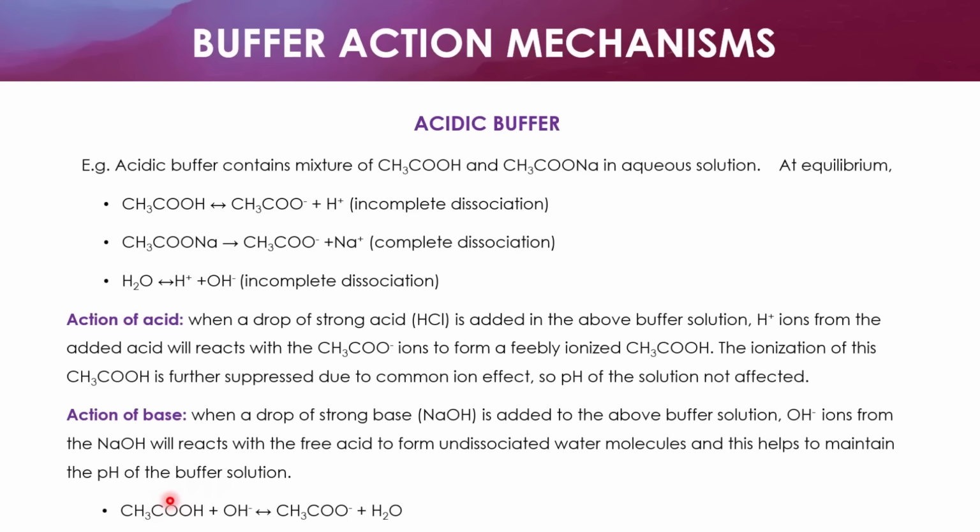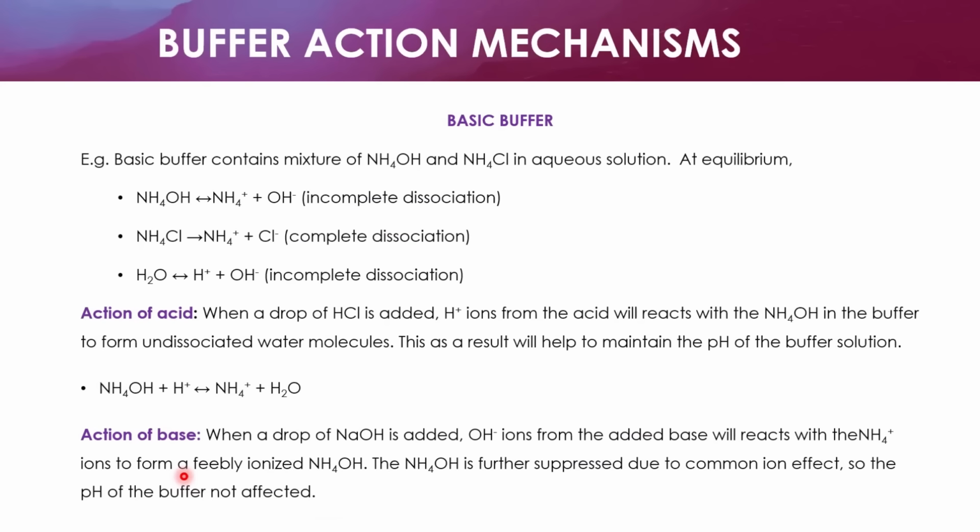Also, the ammonium chloride, which is a salt of the weak base and the strong acid HCl, will undergo a complete dissociation to form ammonium ions and chloride ions. And the water, which is used in the preparation of the buffer, will also undergo an incomplete dissociation to form hydrogen ions and OH ions.